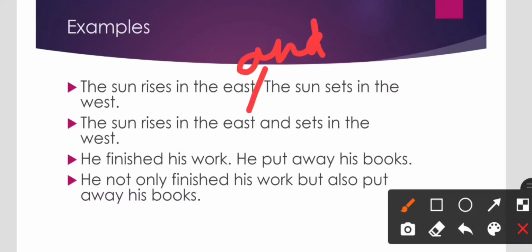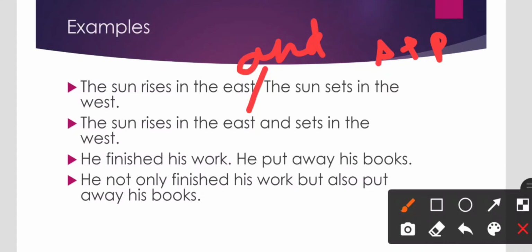Now remember this. In a clause we have subject and predicate. It is a must. Because here you are making a compound sentence, and a compound sentence is made up of two independent clauses. Each clause has its own subject and predicate. So when you combine, remember this.